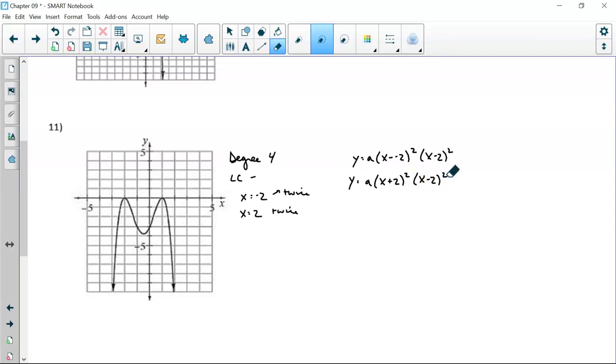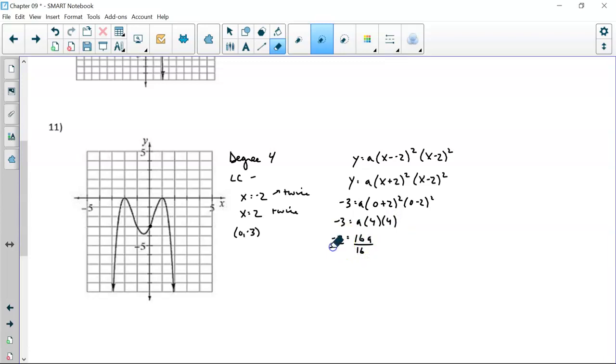Now we have to find a point. And I see a point right here that I can read. And that point is at 0, negative 3. So negative 3 equals a times 0 plus 2 squared, 0 minus 2 squared. Negative 3 equals a times 2 squared is 4. Negative 2 squared is also 4. So negative 3 equals 16a.